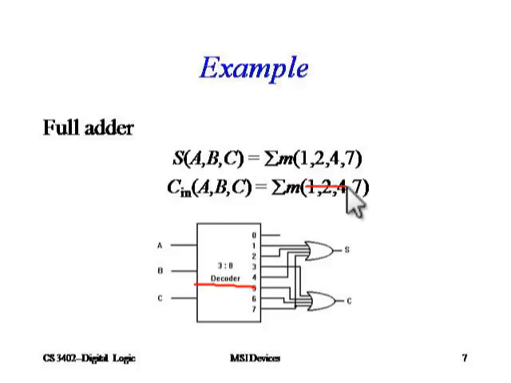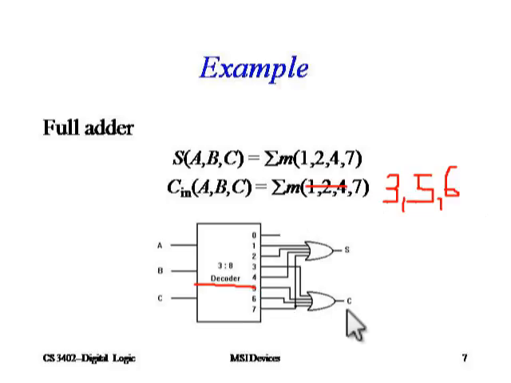It is not 1, 2, 4, 7. It is 3, 5, 6, 7. That is a mistake over here.